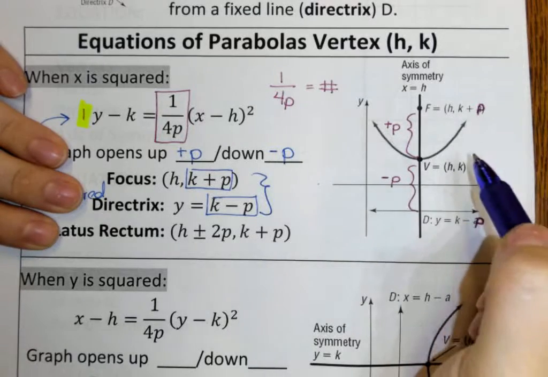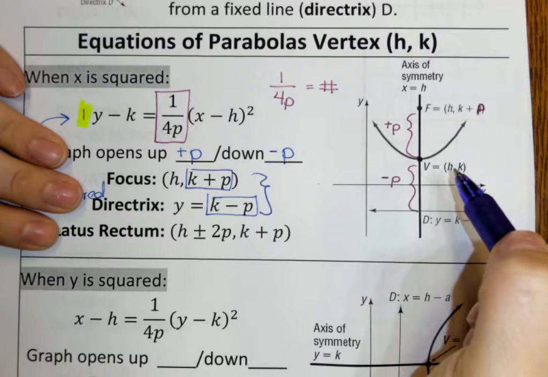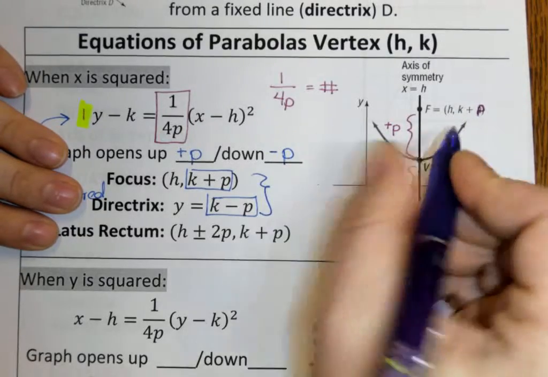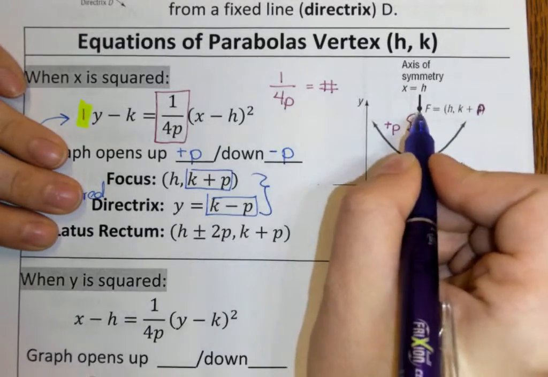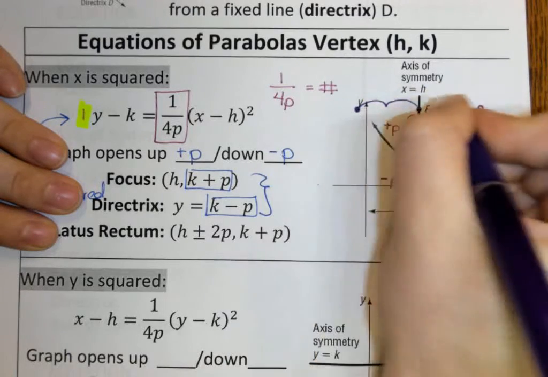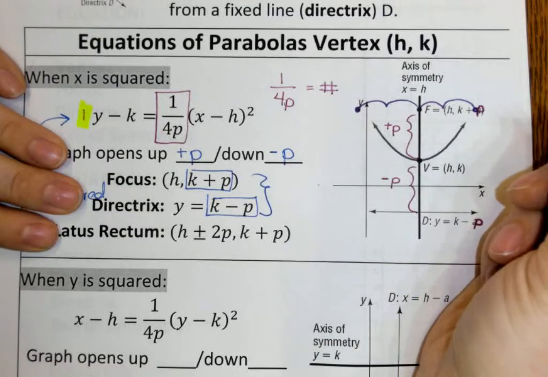So the latus rectum helps you determine two points that are going to be on your parabola other than the vertex. What you're going to do is take p, go up to your focus, and then go out p and out p again. Yes, latus rectum and p's.